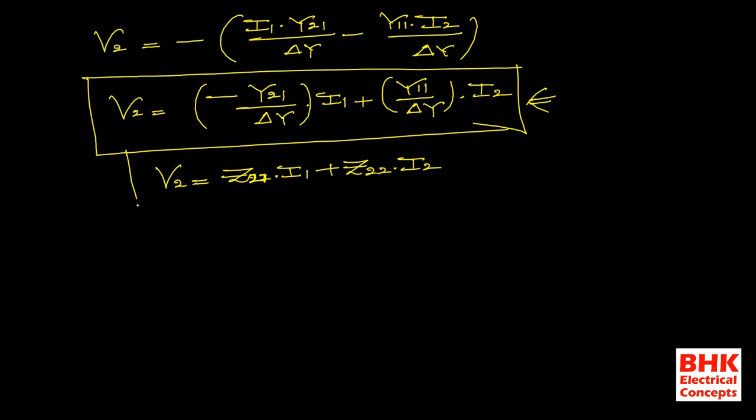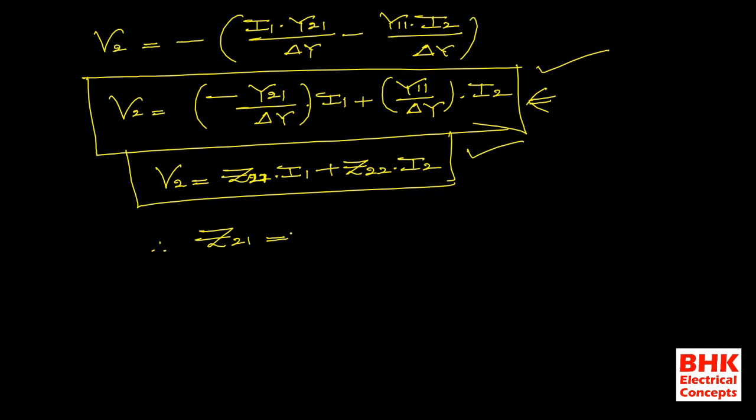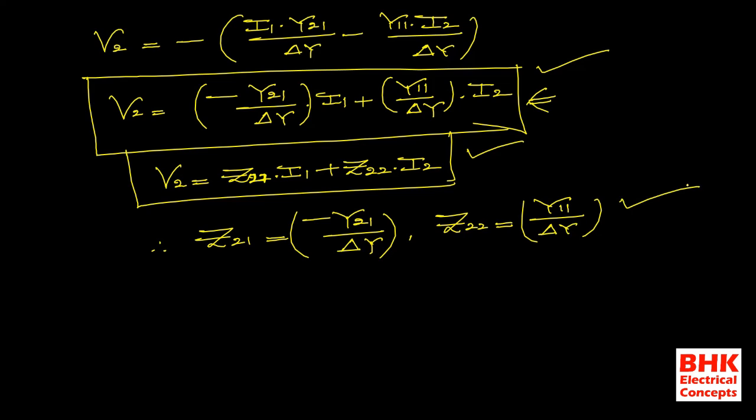If we compare this expression with that expression, we can say that z21 is equal to minus y21 divided by delta y, and z22 is equal to y11 divided by delta y. So finally we got only two impedance parameters. Okay, now what are the remaining parameters? Again we require z11 and z12.